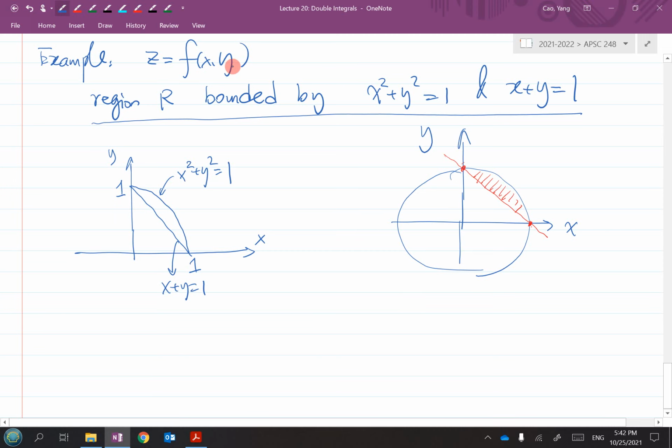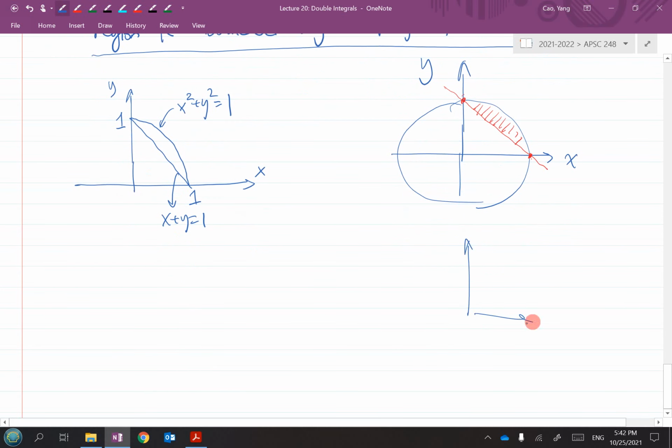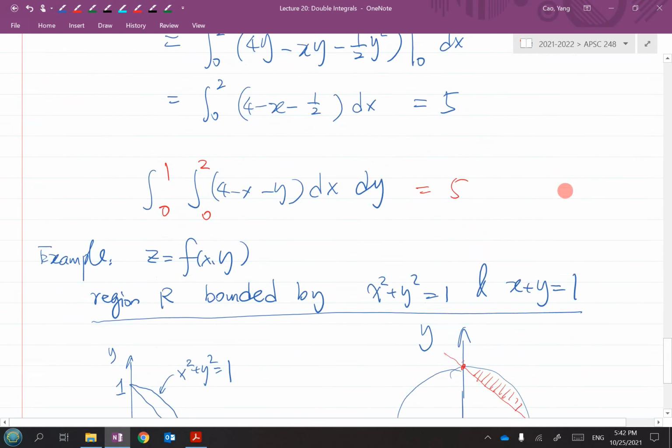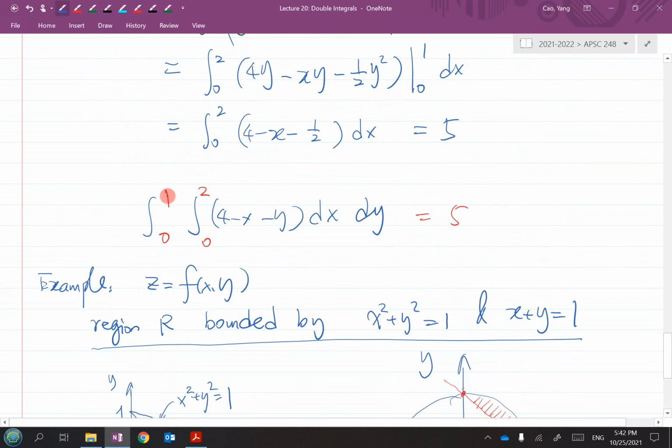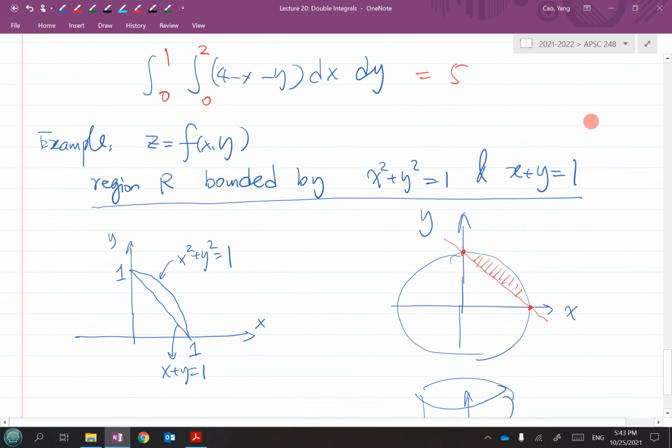Your region R is in the xy plane, and then you have some sort of surface on the top, and you're trying to get the integral of this function over the given region R. The reason I'm not sketching the surface is that nowadays the focus is to find the limits, and the limits can be found by properly scanning through this region R. So I don't have to draw 3D.